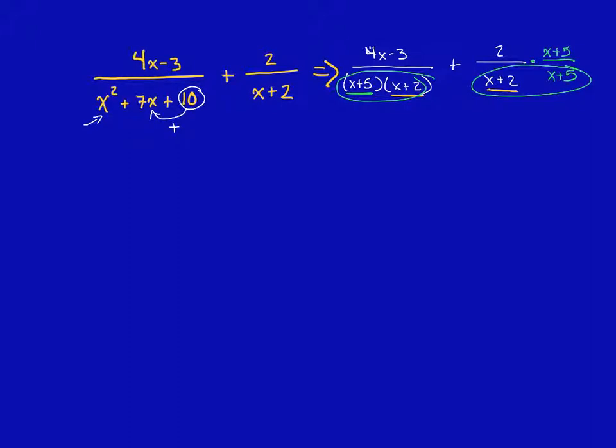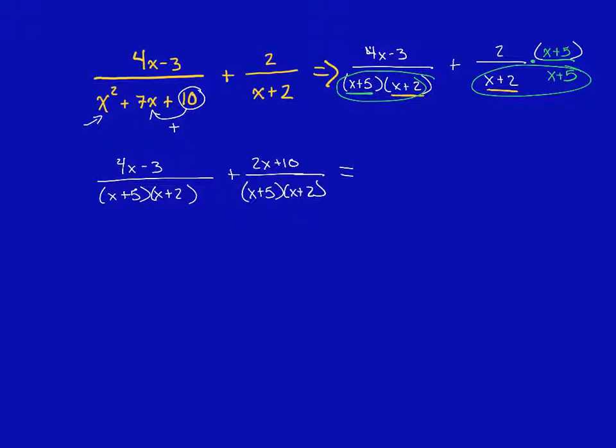So what we're going to have here is a new fraction. The first fraction is the same, 4x minus 3 over x plus 5 times x plus 2. But now our second fraction is going to be 2 times the quantity x plus 5, so we distribute that: 2x plus 10 over x plus 5 times x plus 2. Same factors in the denominator.